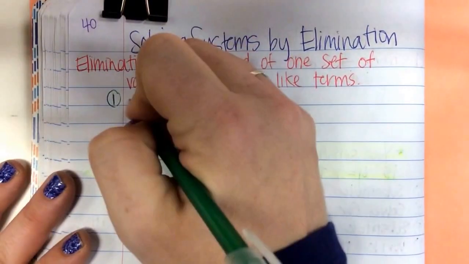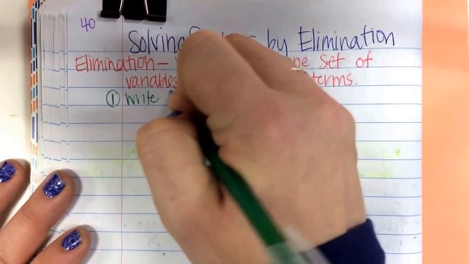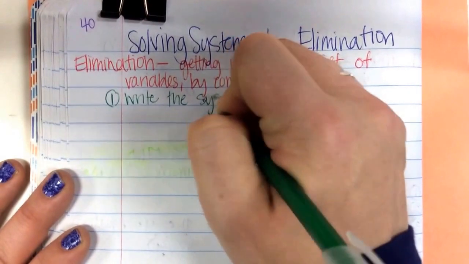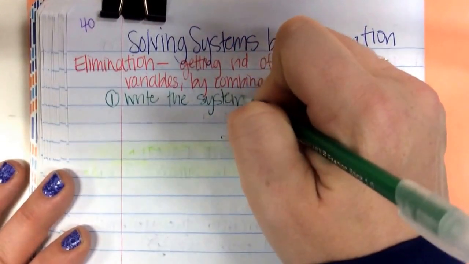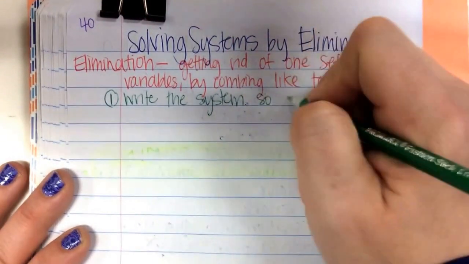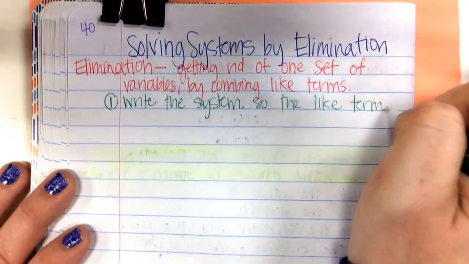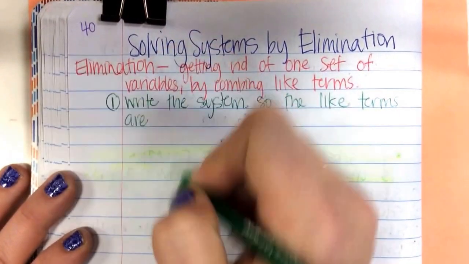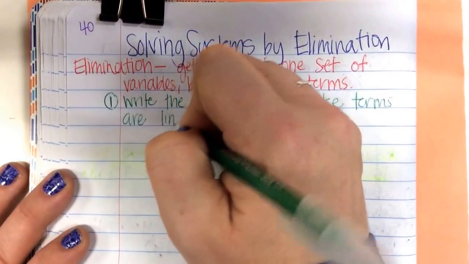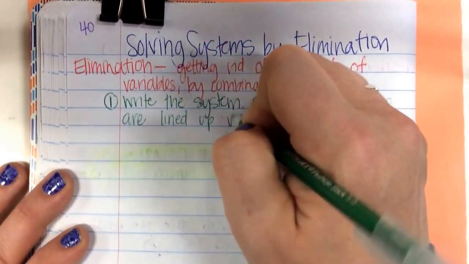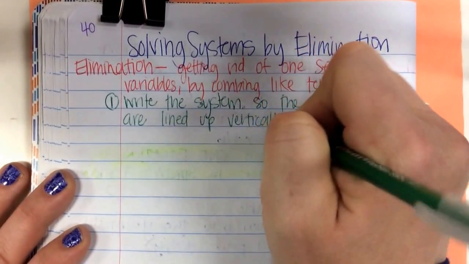The first step is to write the system so the like terms are lined up vertically.